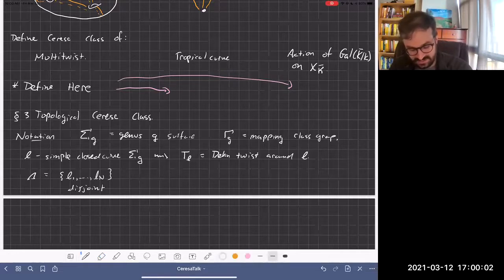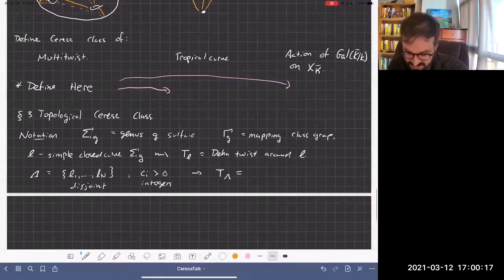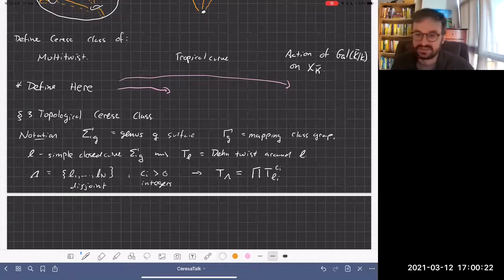Let's say you're also given positive integers c_i. Then we can form this multi-twist T_Lambda, which is just the product over the T_{L_i} to the c_i. Notice there's no ambiguity in this product, because if you have two disjoint curves, then their corresponding Dehn twists commute in the mapping class group. So it doesn't matter how we form this product.